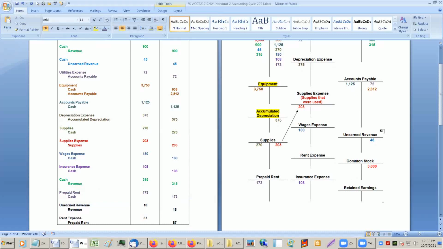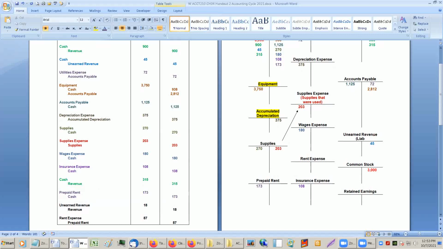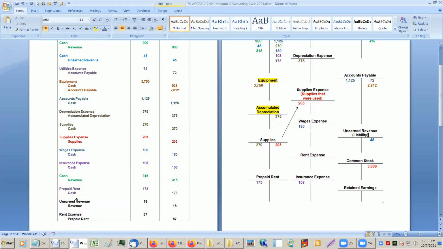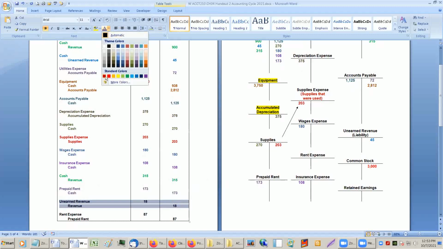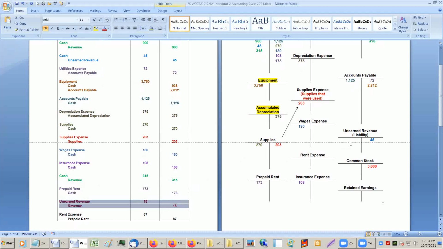Put that in here. Okay, so it looks like we've earned $18 of that.